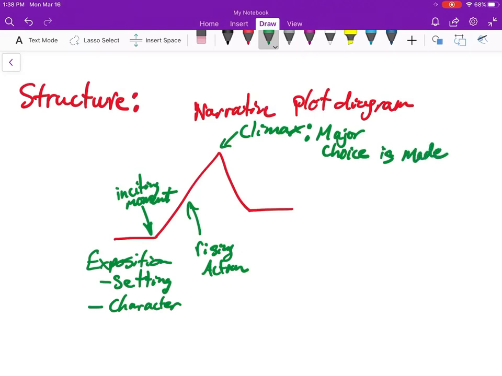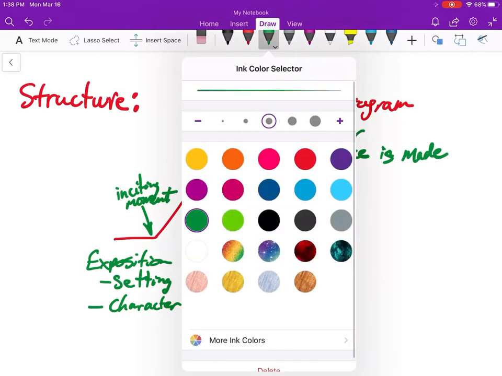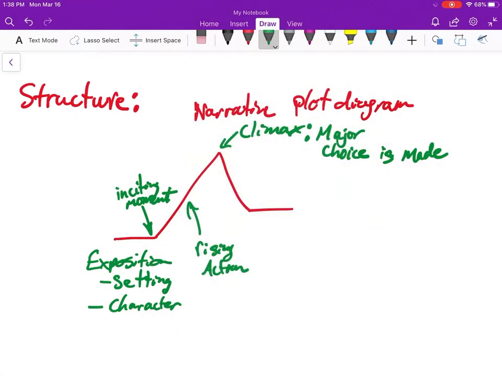In the first Captain America movie, everything leads up to the point where Captain America decides that he's going to take the airplane and crash it into the ocean. This is where Bilbo, if you've seen The Hobbit, decides that he's going to talk to Smaug and he's not going to give the Arkenstone to Thorin. Lots of interesting things about climax. The major choice is made and you go from there.